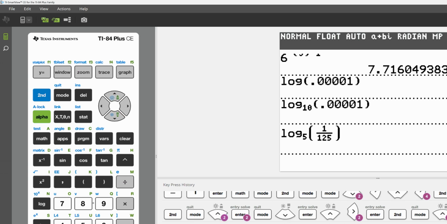That's it. Now we did have the change of base, which stated log base b of x is equal to log of x over log of b. We could do that also and get the same thing. Or we can just type it in.